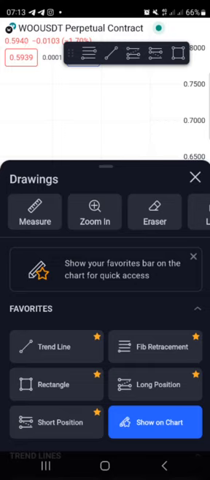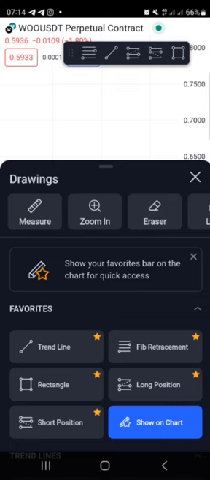But for now, the 4 tools you have to concern yourself with are rectangle, long position, short position, and trend line. Even as you're starting, you're going to be using mostly the short position and long position, because you're just going to be putting in there and making sure that your entry, stop loss, and take profit are balanced, and you can see it right on the chart. And the trend line is just to draw lines across.